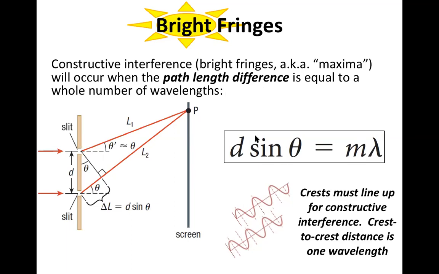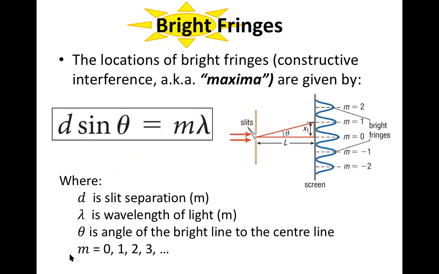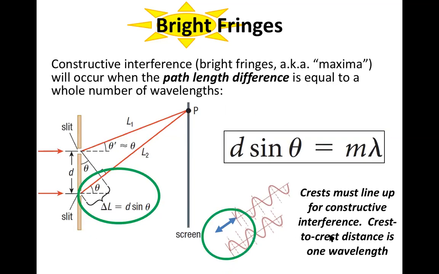So there's an equation, m number of wavelengths, and there is some trigonometry right here. If theta is the angle of the bright line to the center line, through similar triangles, you also get this triangle here.